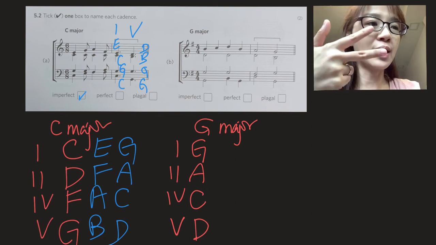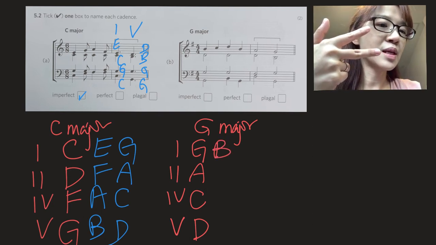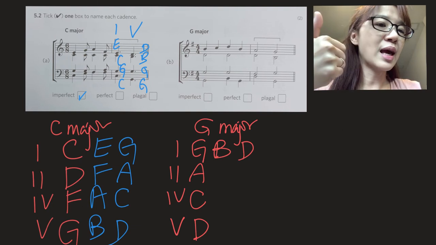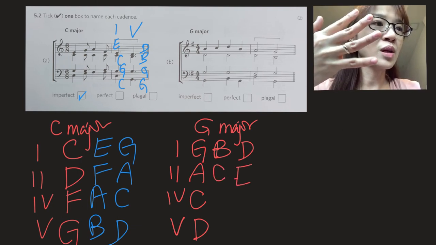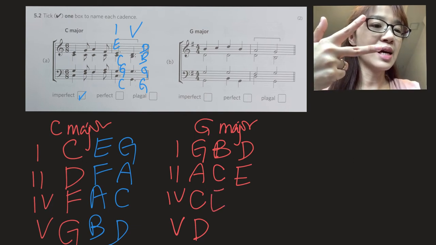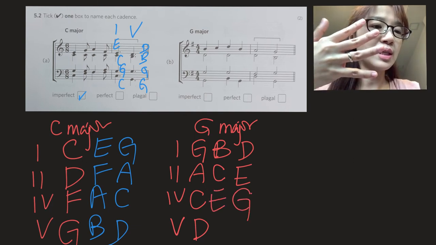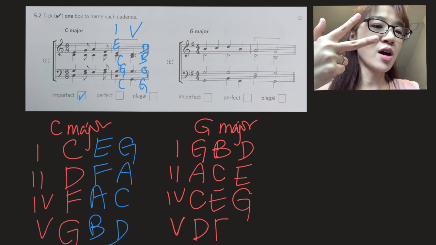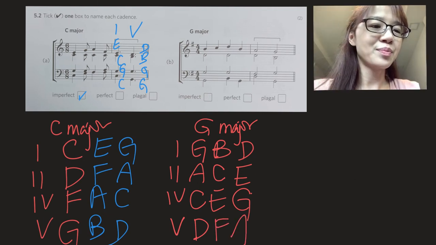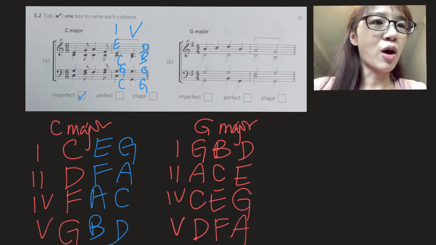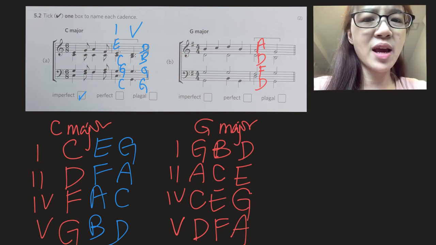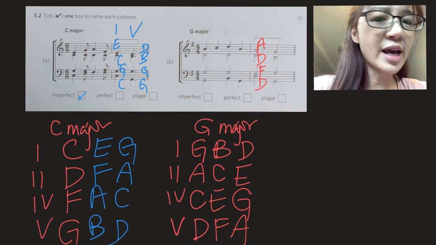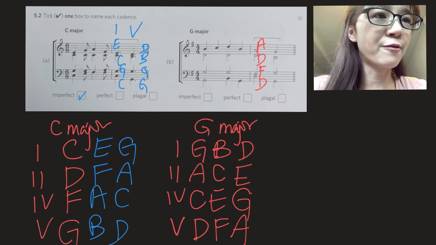G, A, B, C, D. A, B, C, D, E. C, D, E, F, G. D, E, F, G, A. Now, write down the letter names. A, D, F, D. D, F, A. Check. D, F, A is chord 5.